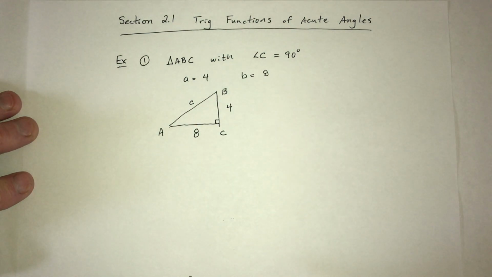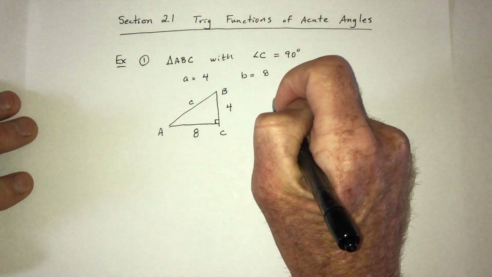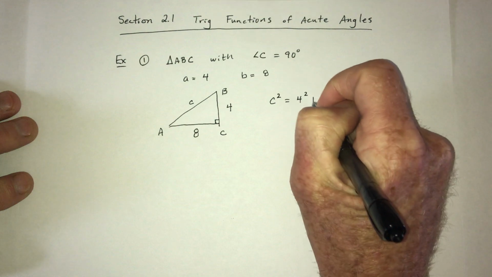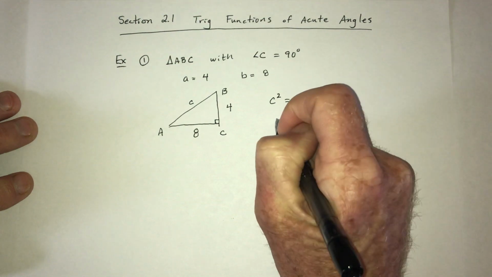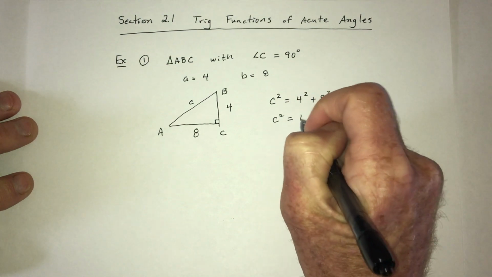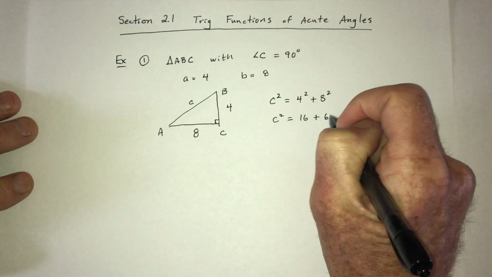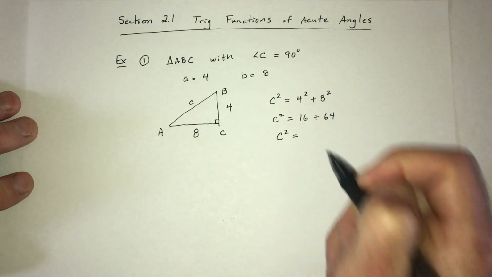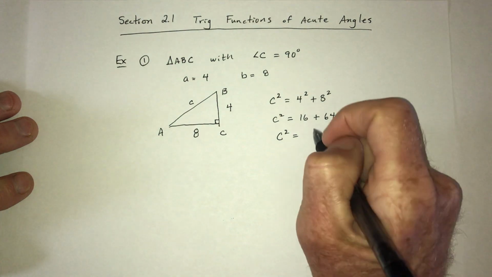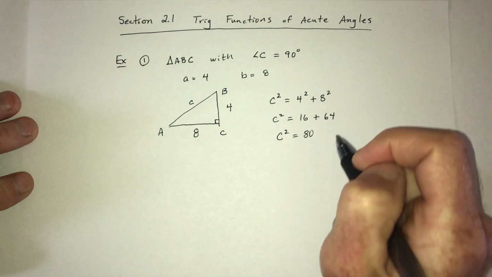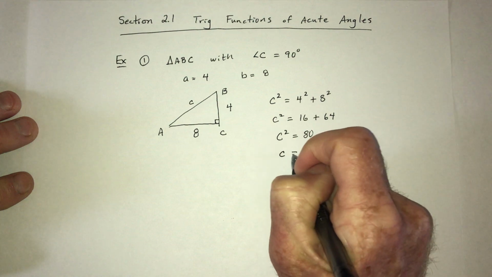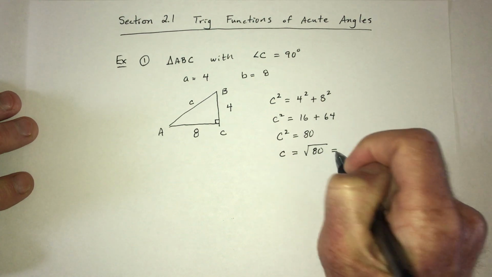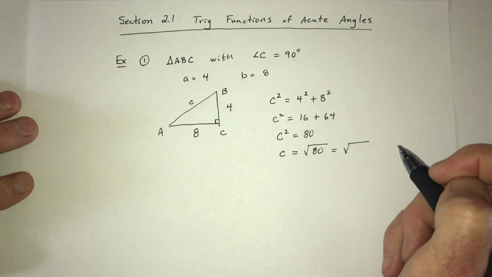So the first thing we need to do is solve for C using the Pythagorean theorem. C squared is equal to 4 squared plus 8 squared. That's going to be a 16 plus a 64. Now 16 and 64, that adds up to 80. And then take the square root, and the square root of 80, that could be simplified.